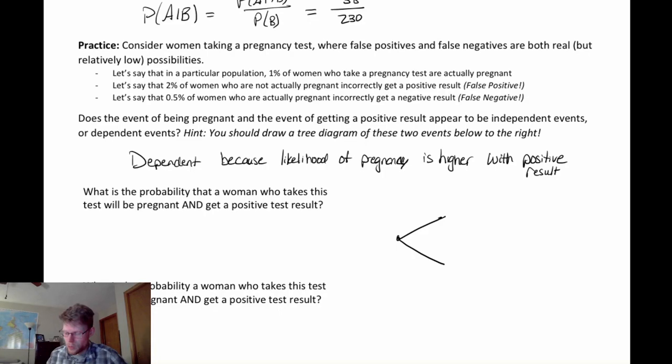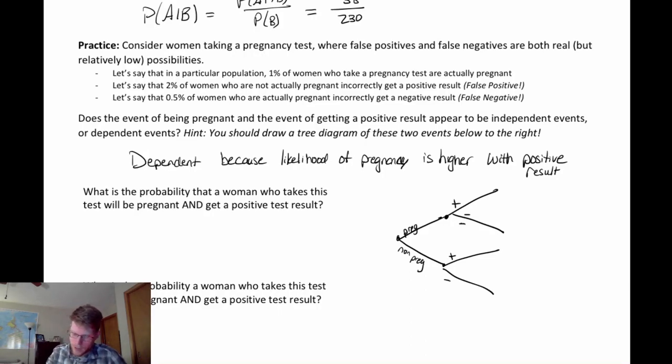So here, we can do this in either order, but I'm going to do the logical order, which is going to be pregnant or non-pregnant first, and then the second node here is going to be positive, negative, and again, positive, negative.